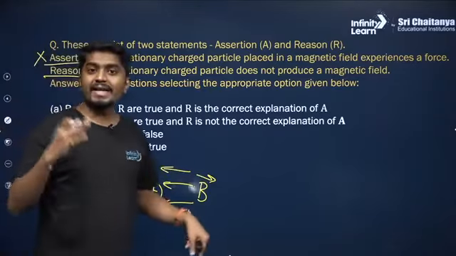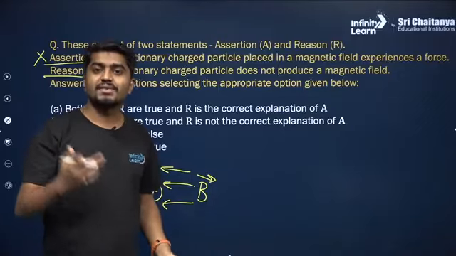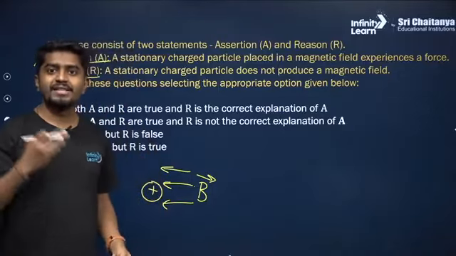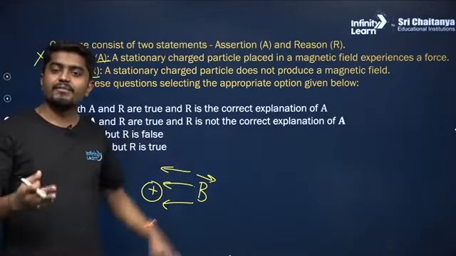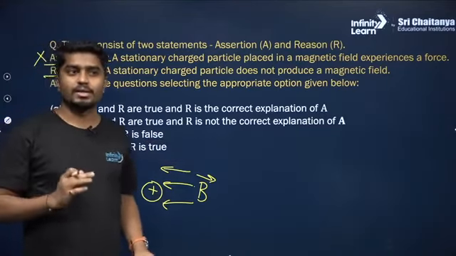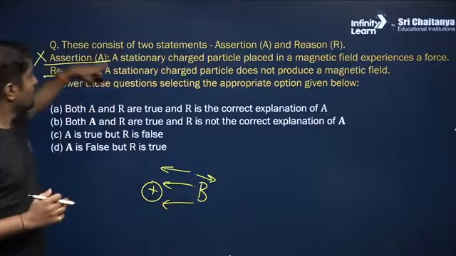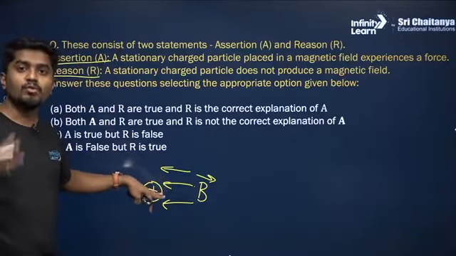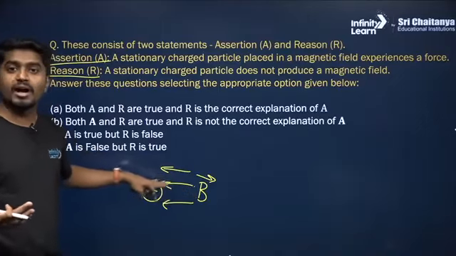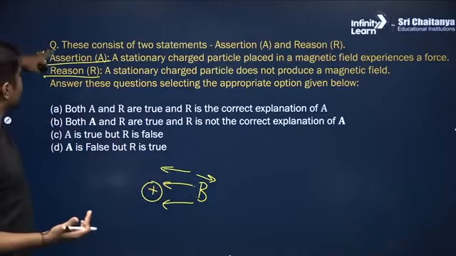Magnetic field can only affect charges when they are moving or if there is a current. या तो करंट होना चाहिए सर्किट में या फिर चार्जेस मूव करने होने चाहिए. अगर सिर्फ स्टेशनरी चार्ज है which is not moving, then magnetic field का कुछ अफेक्ट नहीं होगा इस पर. So the assertion is wrong.